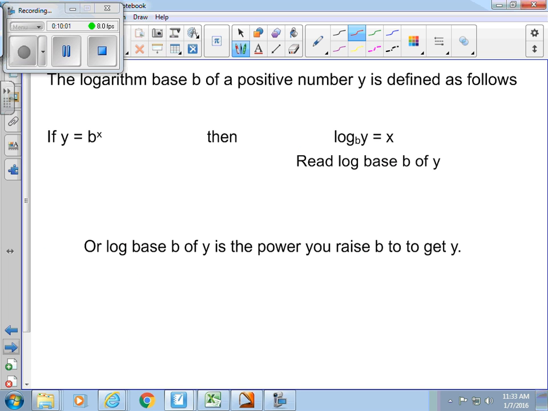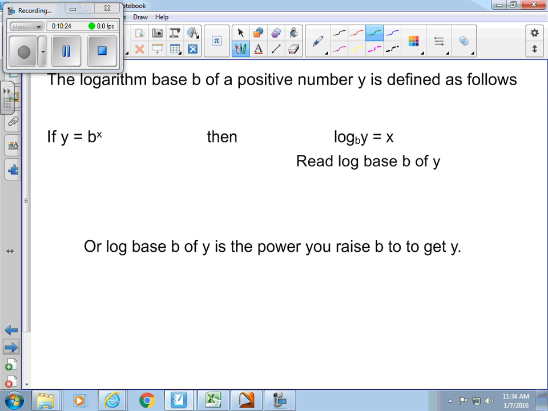Okay, so anytime we see a logarithm, we're going to think in exponential format. This is totally non-mathematical.